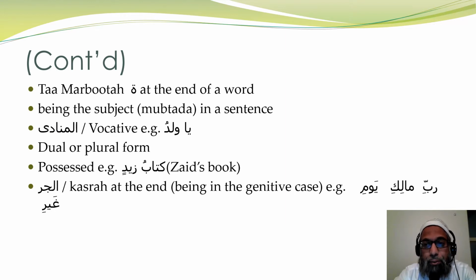Bi means with, like we say bismillah. So bi ismillah, in the name of Allah, or with the name of Allah, meaning I am reciting with the name of Allah, or taking the blessings of the name of Allah. So that's what bi means. Then you have li. Li means for.